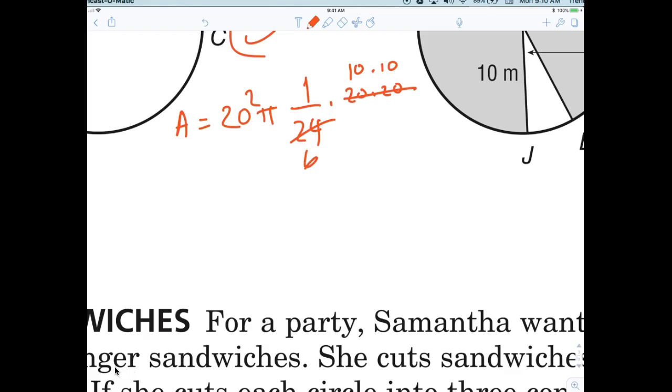Because I'm dividing 20 by 2 and 20 by 2, I'm dividing by 2 2's, so essentially I'm dividing by 4. Now there's another 2 involved, correct? So 2 can go into 50, and we could say that is 3 and 5. So there you have it: 50 pi over 3.